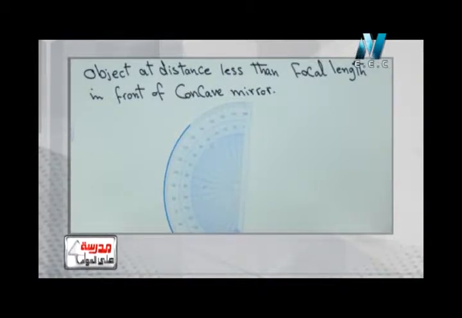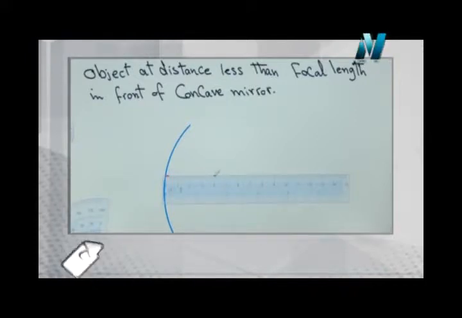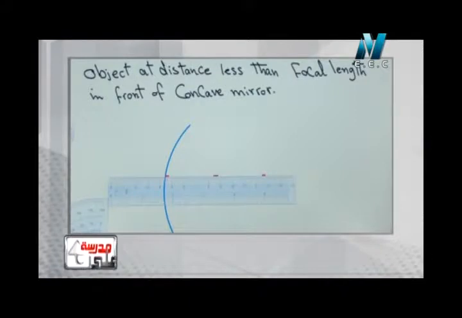Then we will use the ruler, as you see, to draw two equal distances as P, F, and C. Then I can move the ruler to draw the principal axis. We know, of course, that there is something called the principal axis, which is a straight line that passes through the pole and center of curvature, like that.